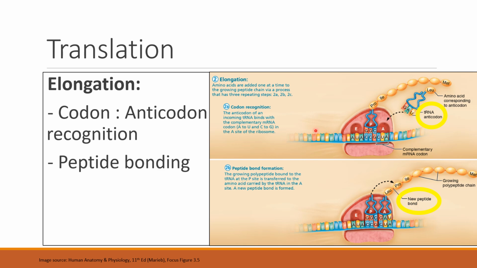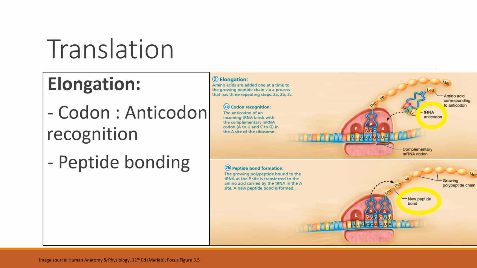As this ribosome moves along the messenger RNA, more transfer RNAs are brought in, and then during this process of elongation, a peptide bond will form as the amino acids are being built. So like here in this part here, this first one right here, this is proline.